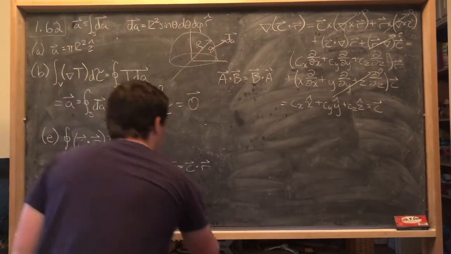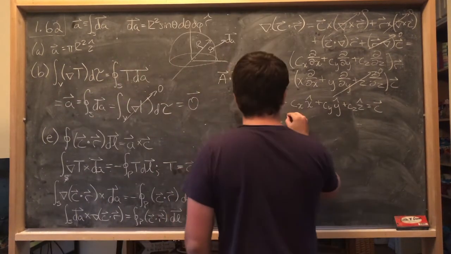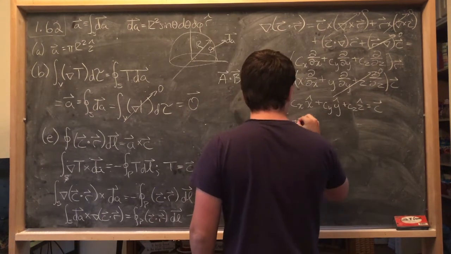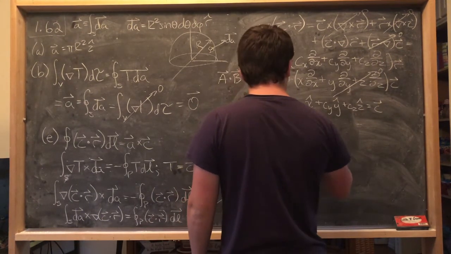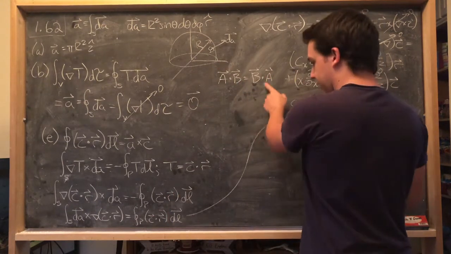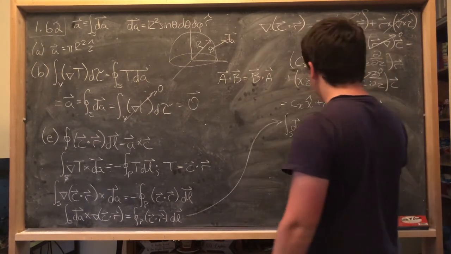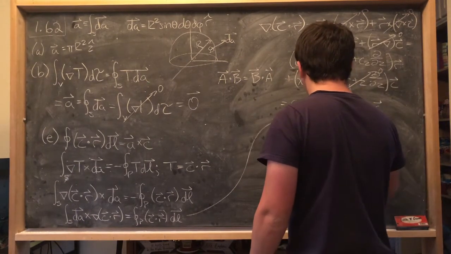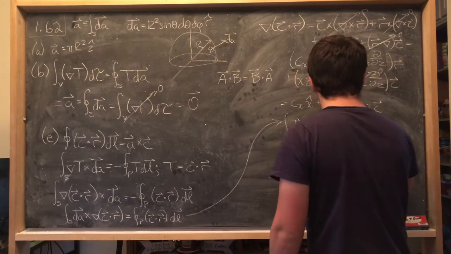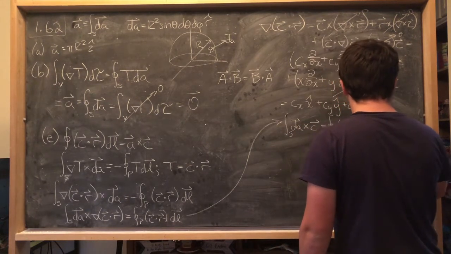And so then looking back at this equation now, what we're going to say is that this is the integral over S of dA crossed with c, and that equals this closed loop around the perimeter of c dot r dl.